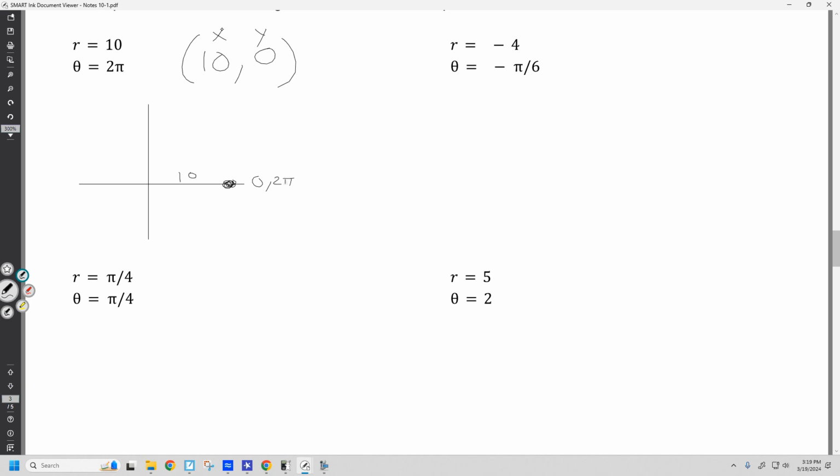What's the XY coordinate here? Your signs are wrong.